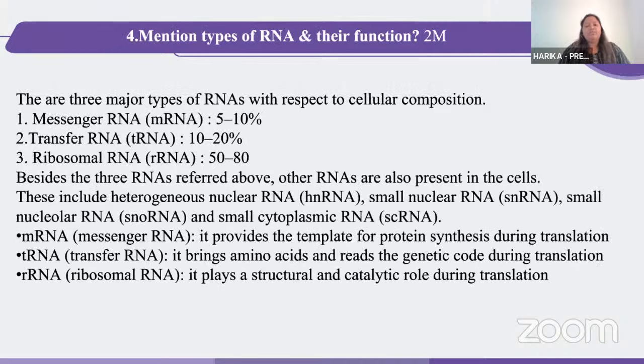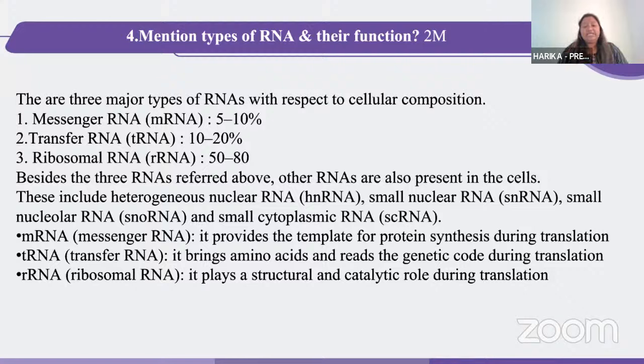Next question: mention types of RNA and their function. There are majorly three types of RNA: messenger RNA, transfer RNA, and ribosomal RNA. The cellular composition of messenger RNA is 5 to 10%, transfer RNA is 10 to 20%, and ribosomal RNA is 50 to 80%.